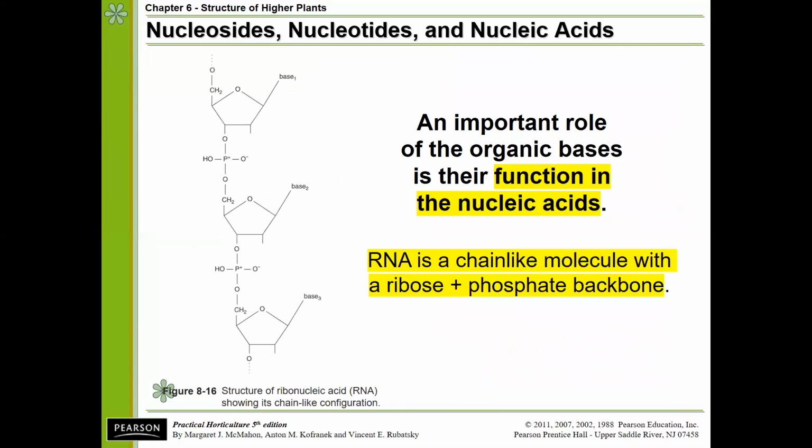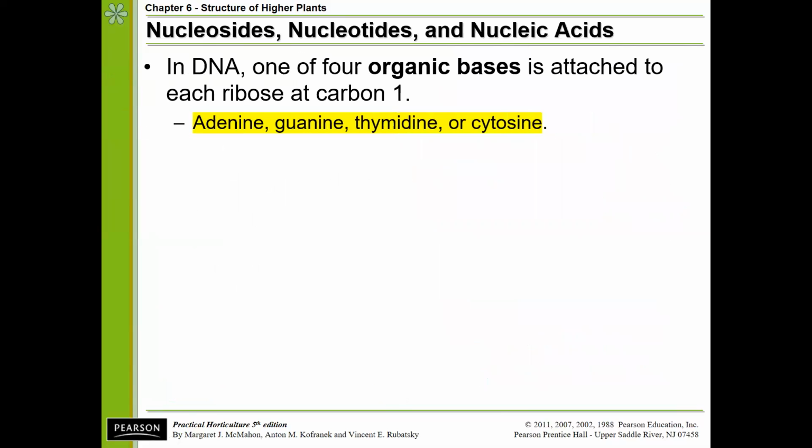We also have organic bases, which are important in the function of creating nucleic acids. We look at RNA, ribonucleic acid, as this very important chain-like molecule that is kind of a transcription factor for DNA. It's used as a template for the production of DNA.